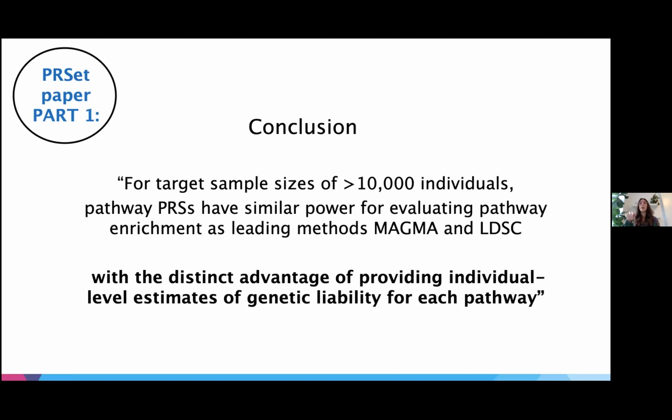This is something that I'm going to touch on later, and it is that the pathways are not defined perfectly, right? This is one of the limitations of PRSet and also the pathway enrichment methods: depending on how pathways and gene sets are defined, the result will be dependent on that. That's an important thing to keep in mind when doing all these analyses.